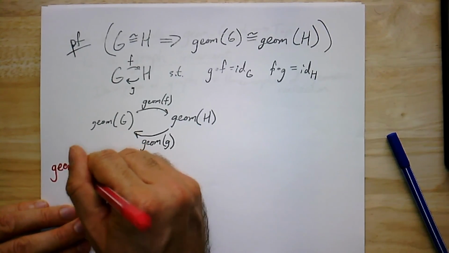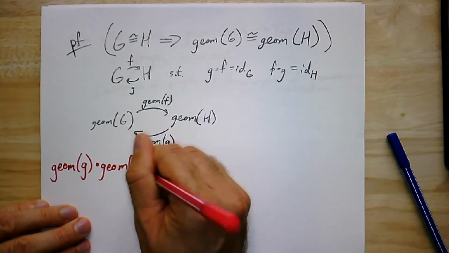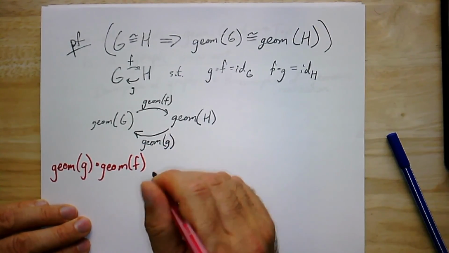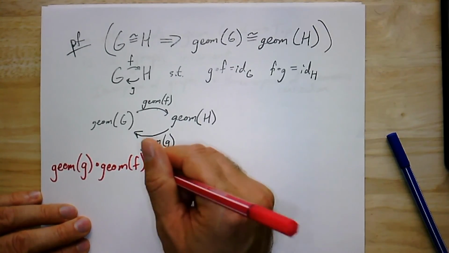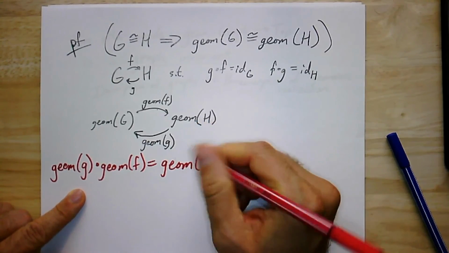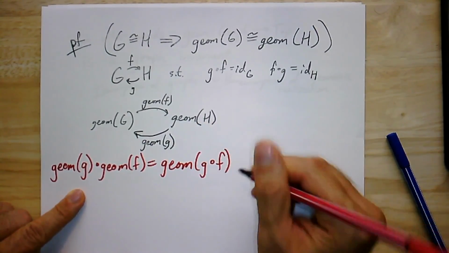So the geometric realization of G composed with the geometric realization of F. Well, we asserted with some confidence and proof by intimidation that this composition should be equal to the geometric realization of the composition.